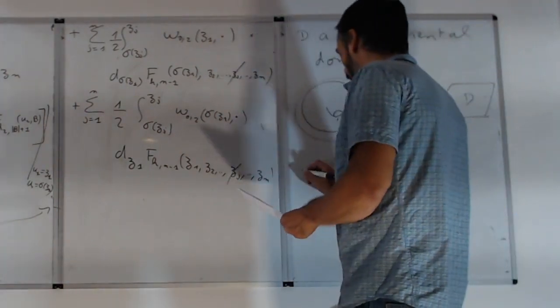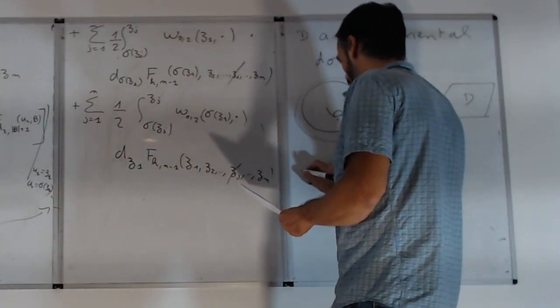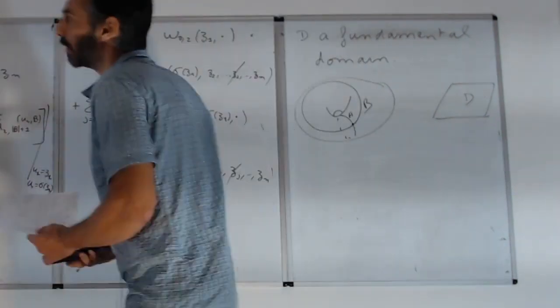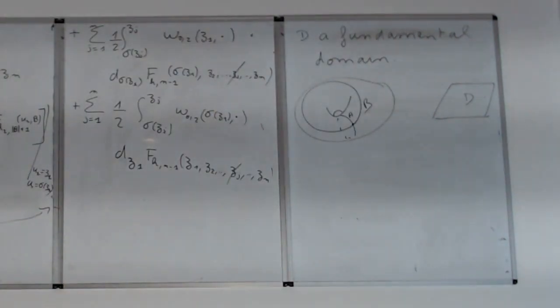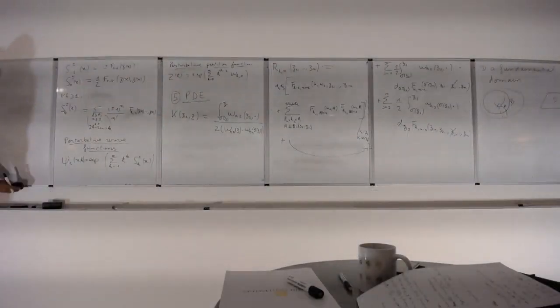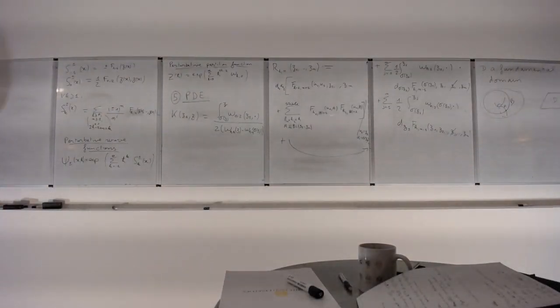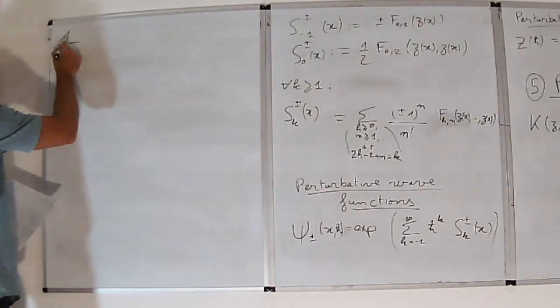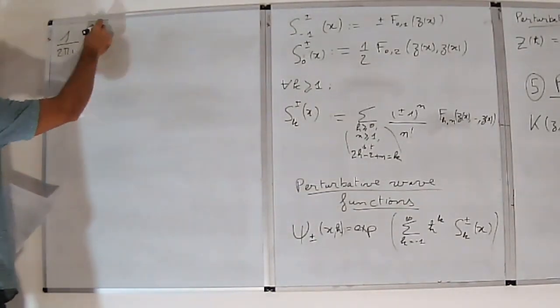And now what I compute is the following thing. I take 1 over 2πi.